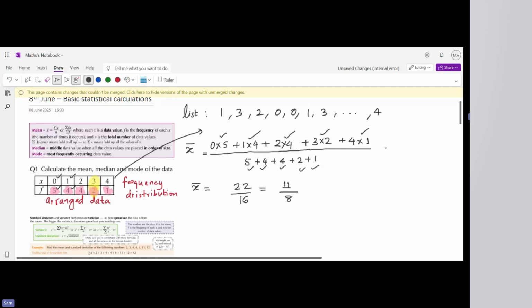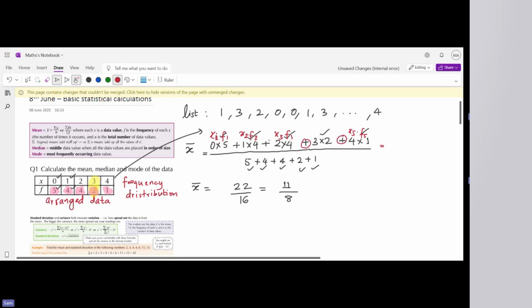So in terms of notations, you have to understand what we have done here. These are your x values and these are your corresponding frequencies. This is x1 times f1, this is x2 times f2, x3 times f3, and so on. This is x5 times f5, and this is the sum.